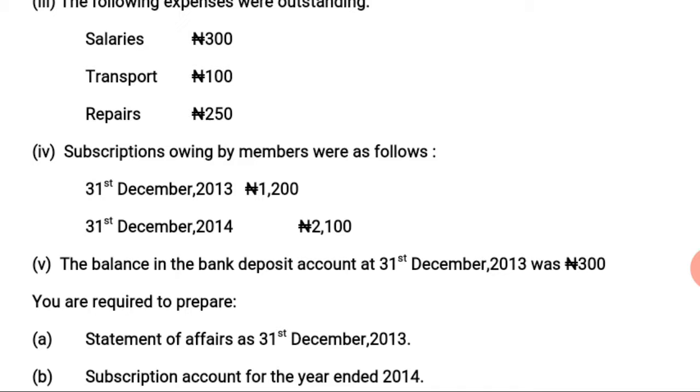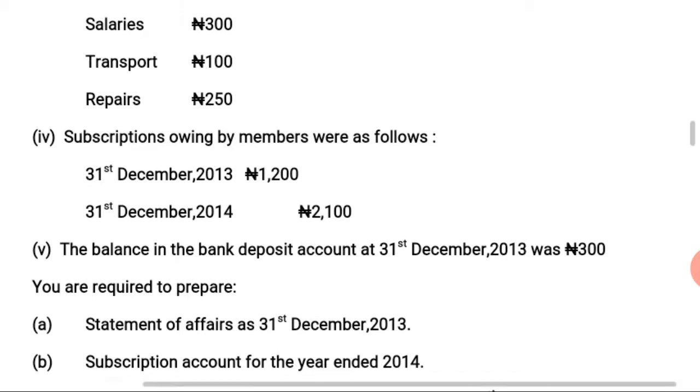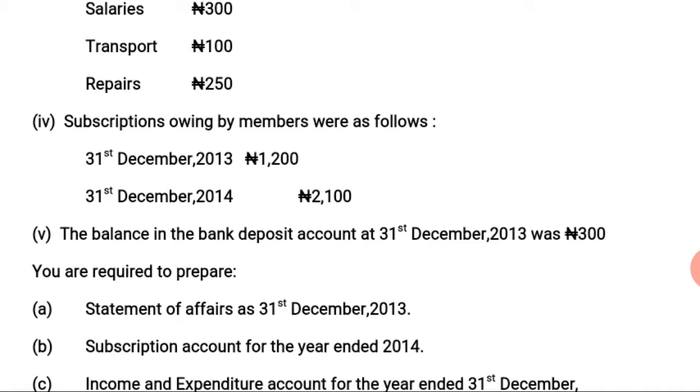The subscription owing by members were as follows: that is, the subscription that were yet to be paid as at the end of an accounting period were as follows. We have the one that was yet to be paid as at the end of 2013, which stood at 1,200 naira, and the one that is yet to be paid as at the end of this current account period of 2014 stood at 2,100 naira.